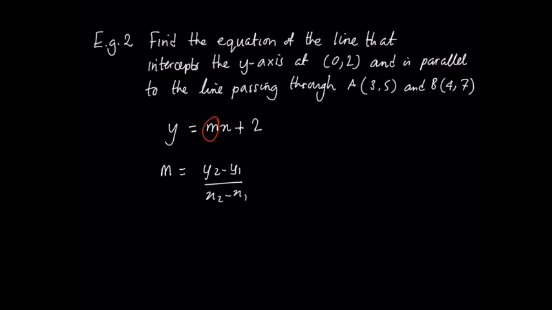So let's plug in those values from the two coordinates, and we'll have 7 minus 5 over 4 minus 3, which is going to be 2. So straight away we can write down our equation now. Y is equal to 2x plus 2.